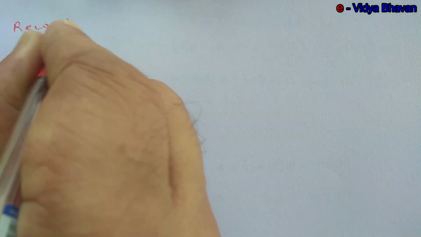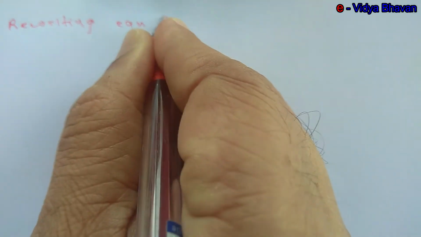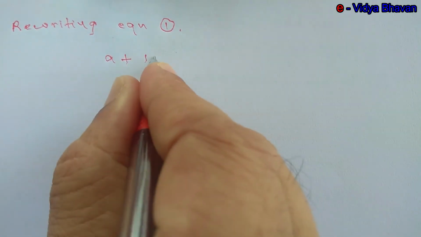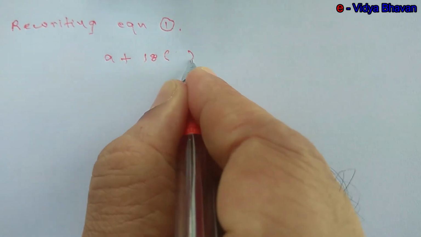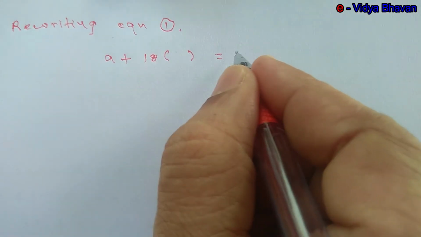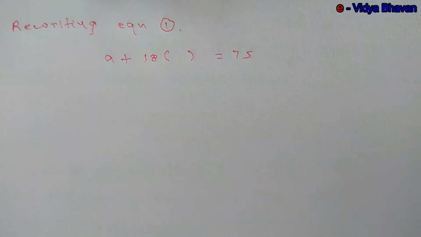Rewriting equation 1, what it says: a plus 18d is equal to 75. Very well, we know the value of d. d is 4.